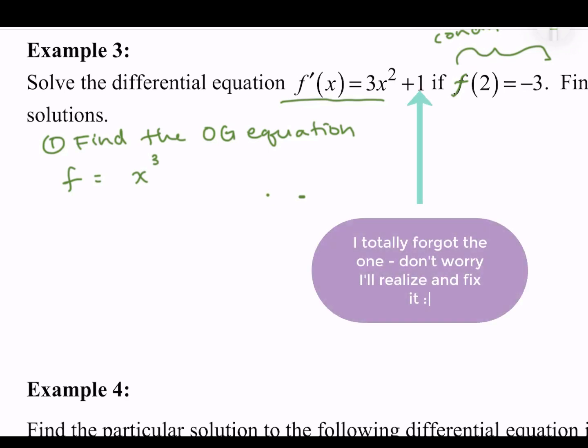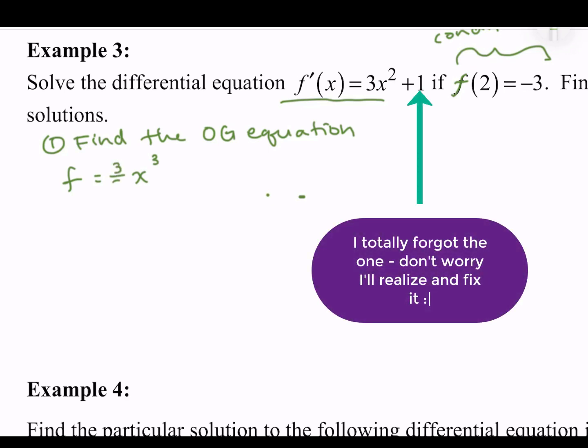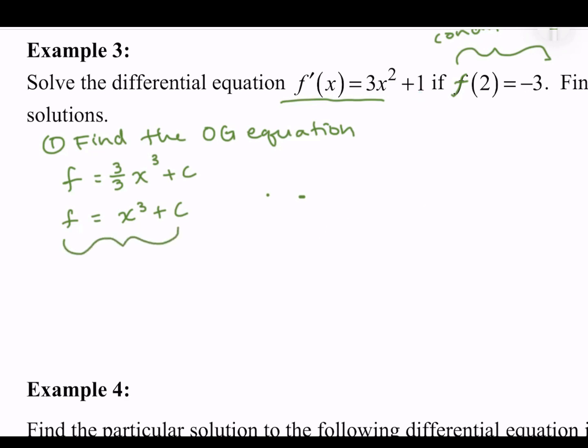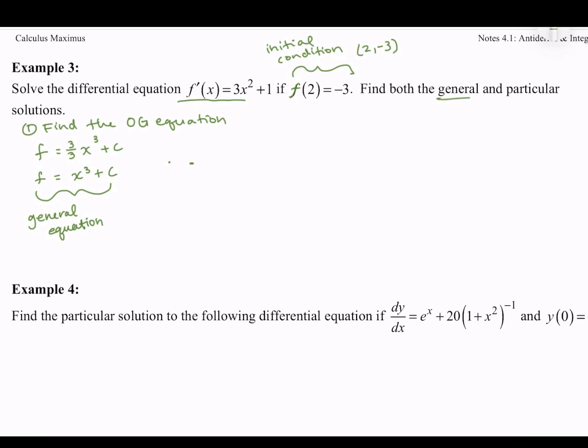So since I already had 3 before, I'm kind of doing that, plus c. And so this simplifies to just x cubed plus c. So this is what is my general equation. There's my general equation. And it did ask, it said find the general, but it also wants my particular equation. And so step 2 is where I do that step.